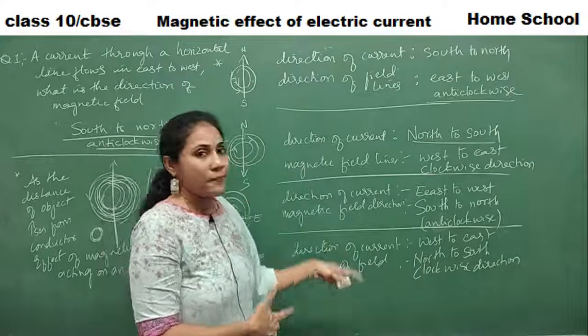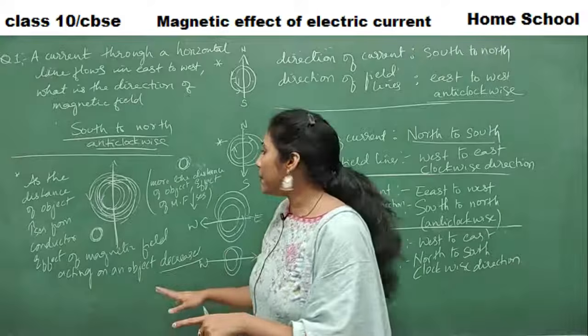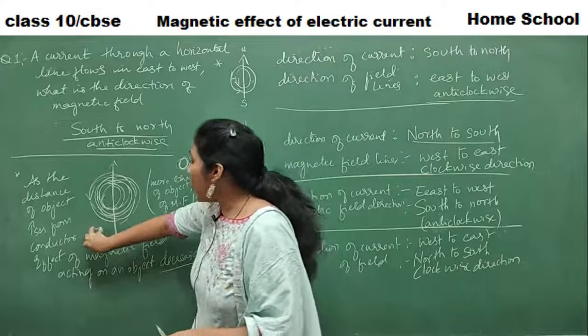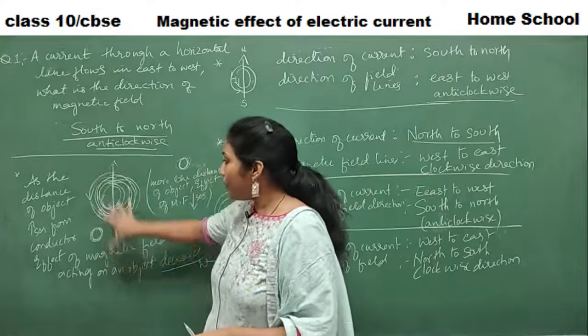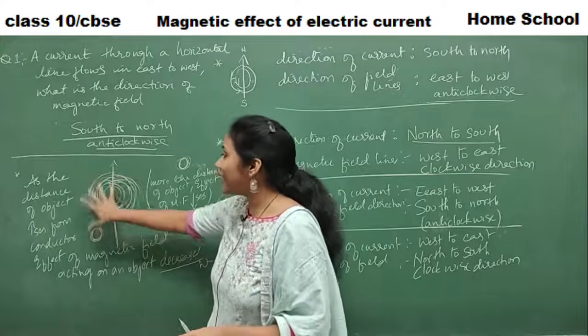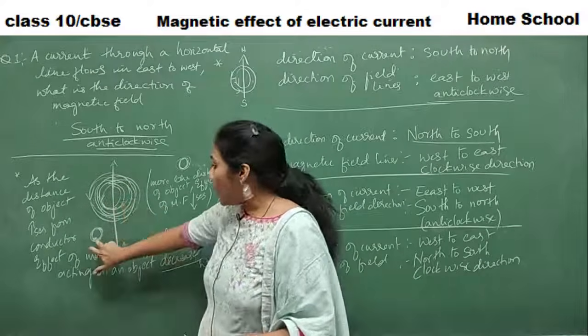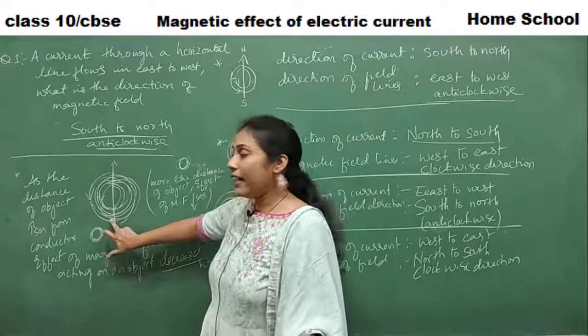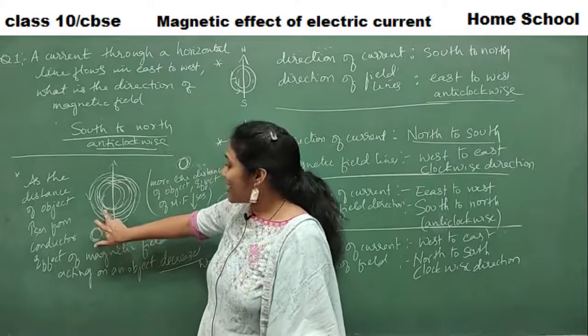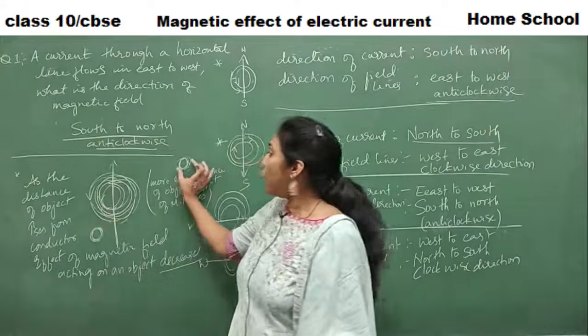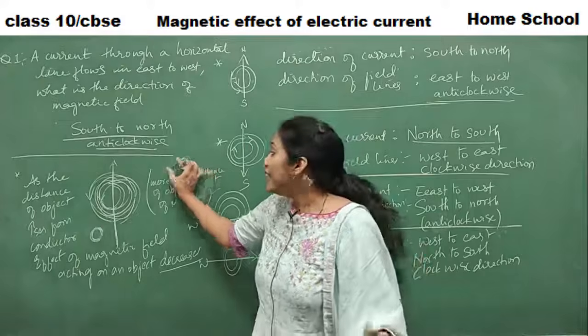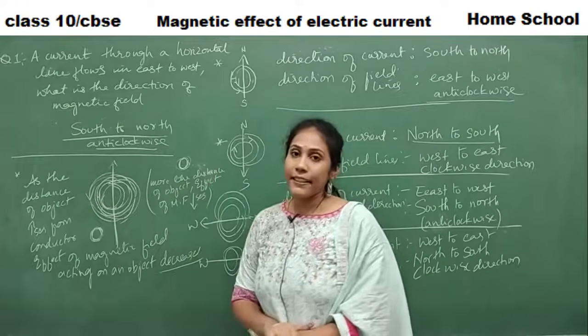Remember, 4 points. And the last point you have to remember is, when you keep an object near a conductor that has a magnetic field around it, if the object is very near, it can experience this magnetic field. If the object is very far, it cannot experience the magnetic field.